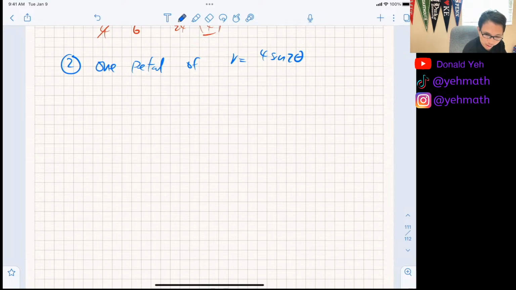Wait, actually, 0 to pi over 2? Isn't that just 1/2 theta minus 1/8? No, you're not allowed to look in your notes. How are you going to do the homework? 16 over 2 is 8.